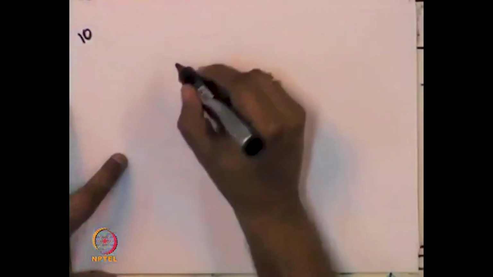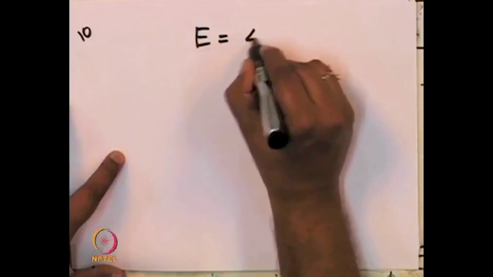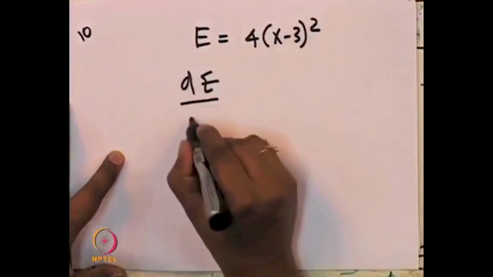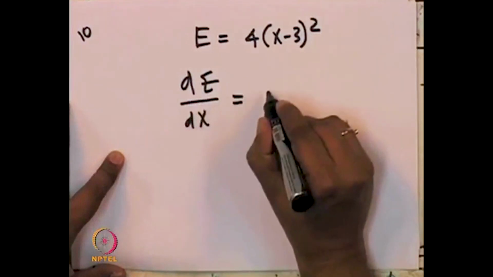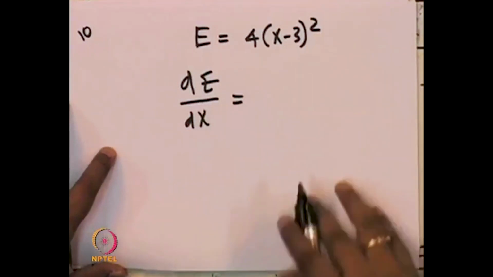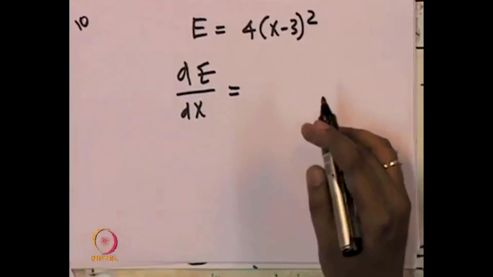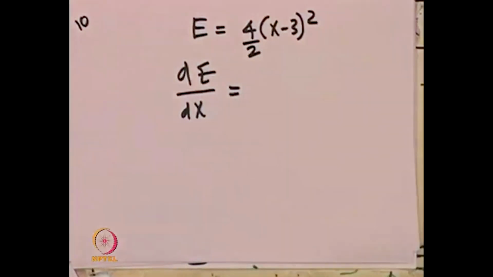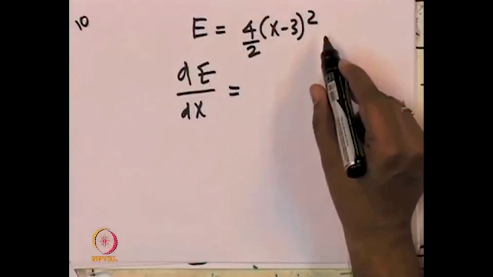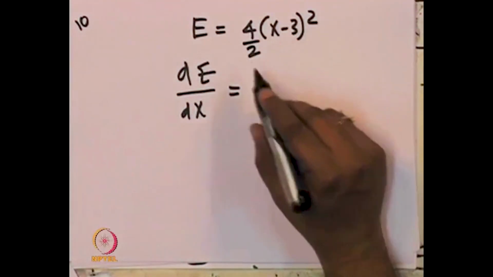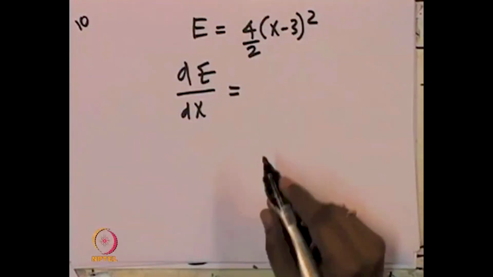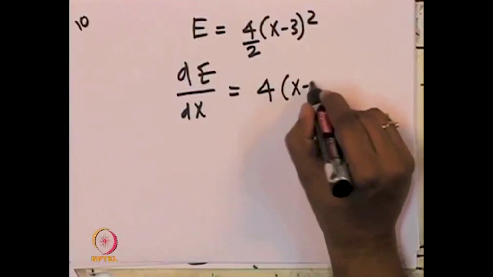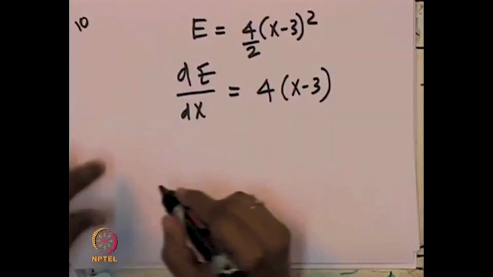E is 2 into x minus 3 whole square, and the derivative we found, dE by dx, was 4 into x minus 3. Now, what we want is the second derivative.